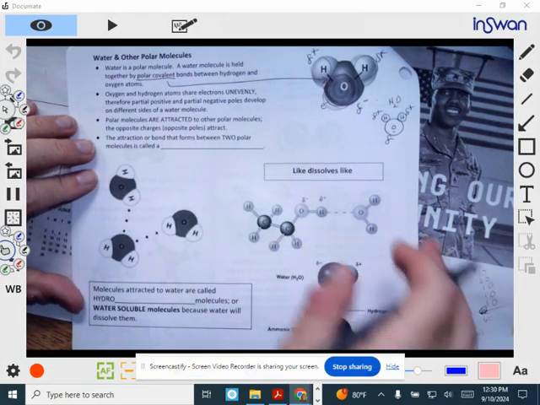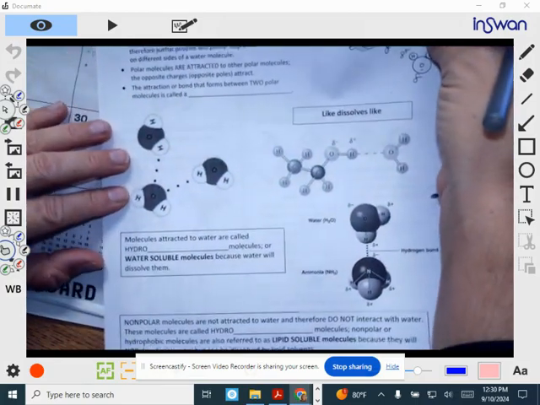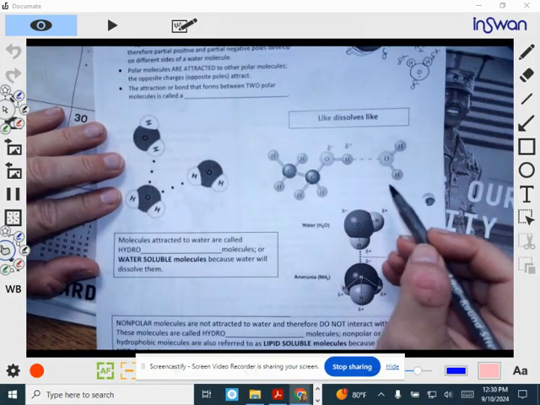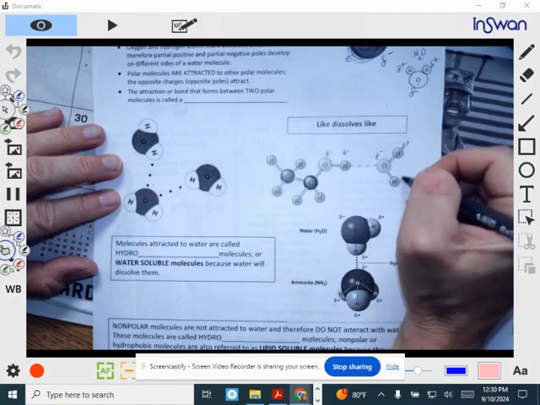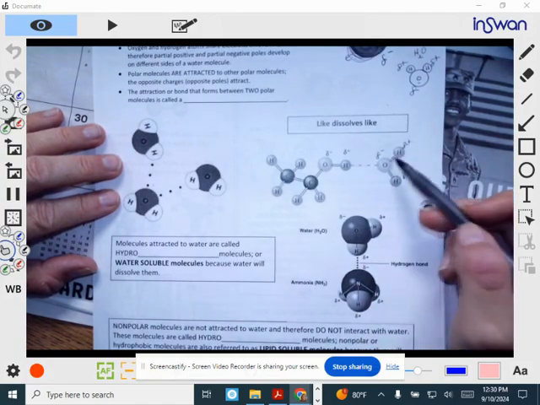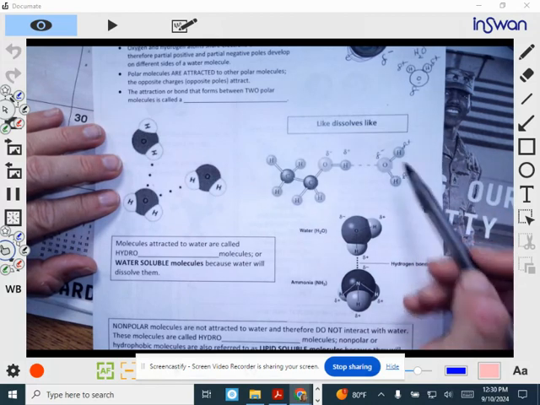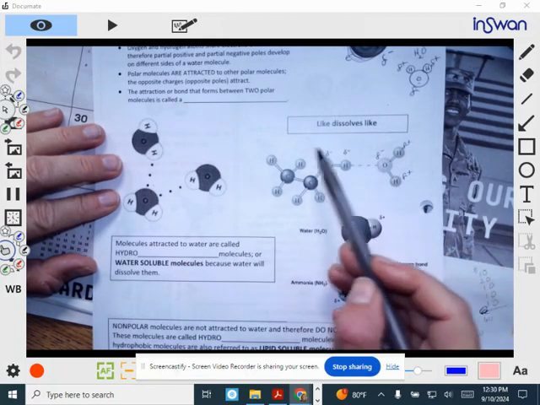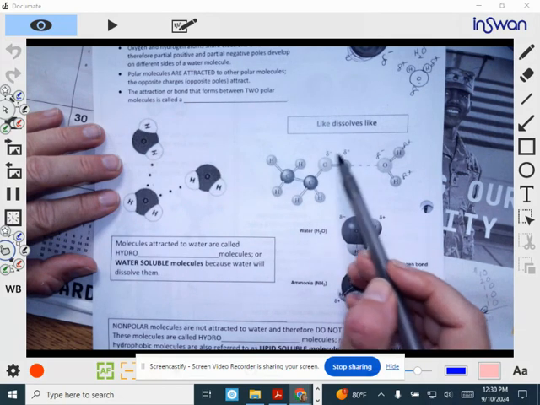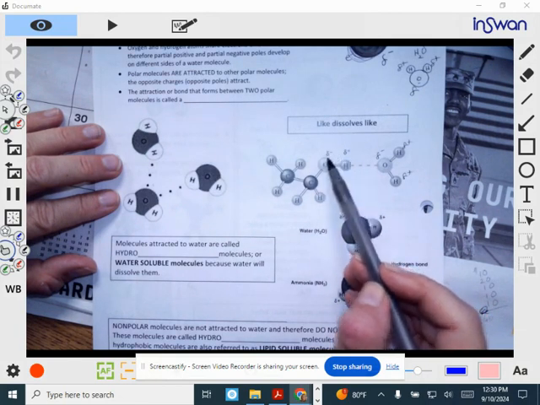All right, so hopefully you can recognize that I have a water molecule here. Again, this oxygen is a little more negative. The hydrogens are a little more positive. Water is a polar molecule, and these are polar covalent bonds. Now, you can see here's another molecule, and it has those poles as well. It's got the symbols for the poles.